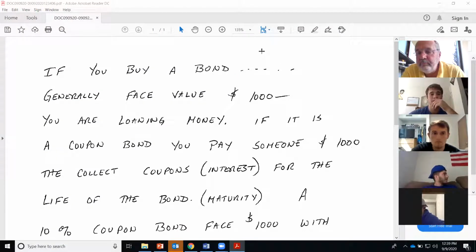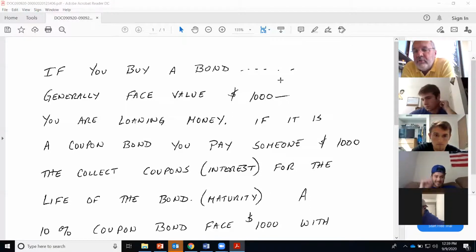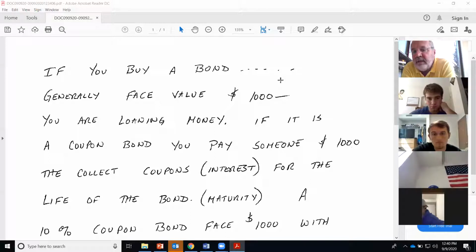Generally, bonds are face value of $1,000. Basically, you're loaning someone money. If it's a corporation, they issue a bond and you give them the $1,000. If the face value is $1,000, you buy the bond for $1,000. You're giving them the money.